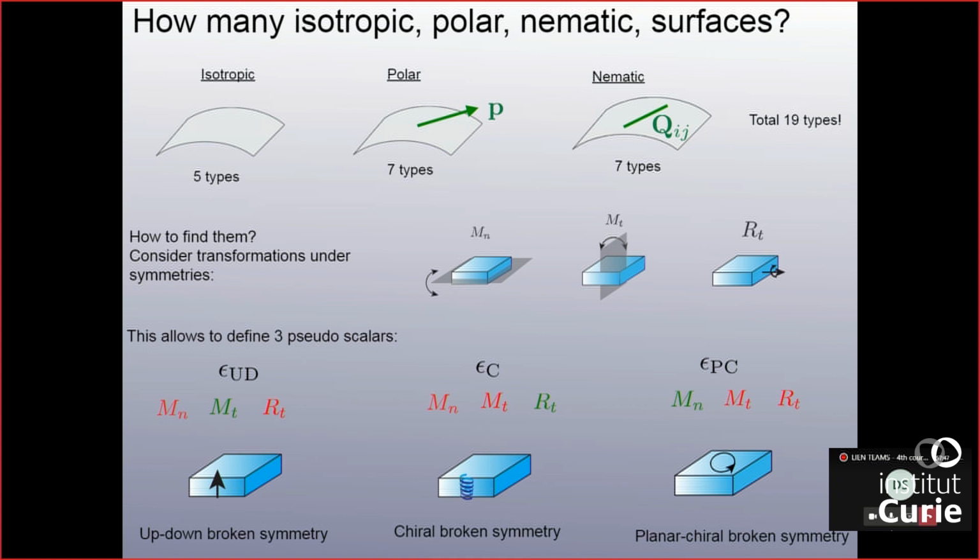Here the idea is that I take a surface and I can draw a loop on it, which tells me what clockwise is and what counterclockwise is. This is not the same as chiral, because if I draw this loop, and I rotate the surface and look at it from the other side, the loop is rotating in the other direction. So because of this, it's not a real chiral object. It's a different type of broken symmetry.